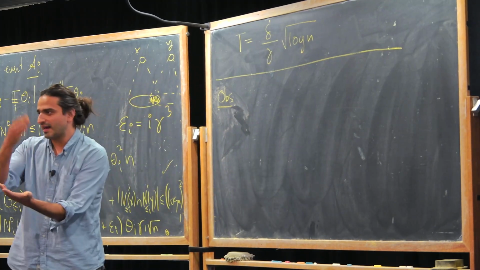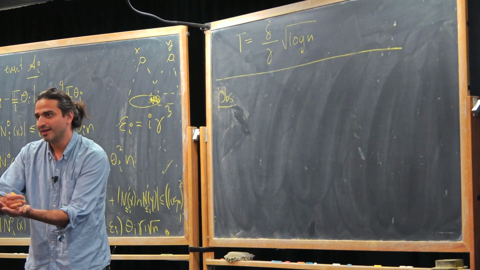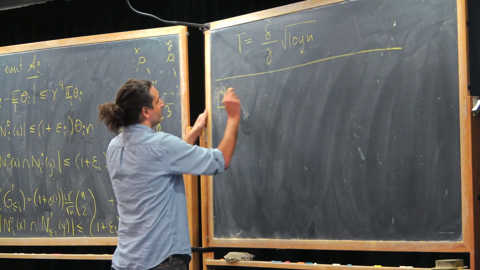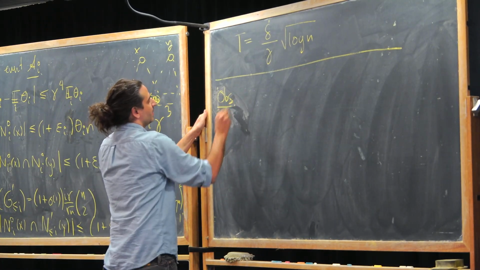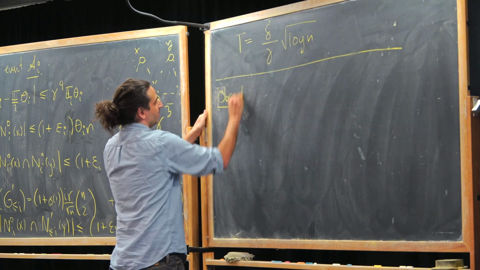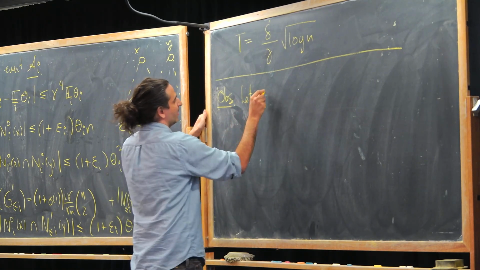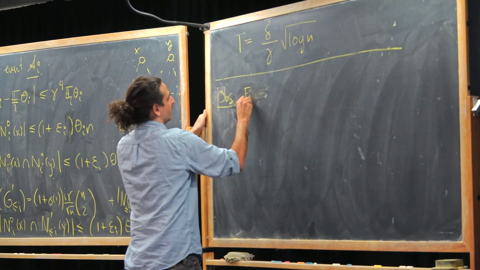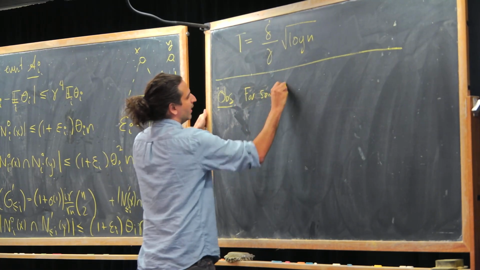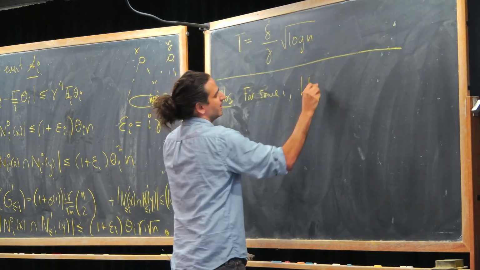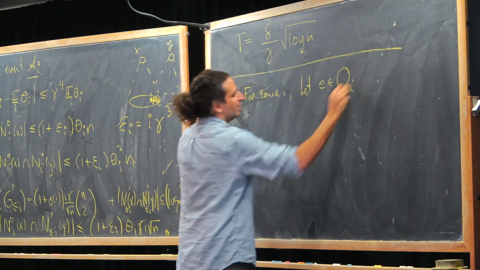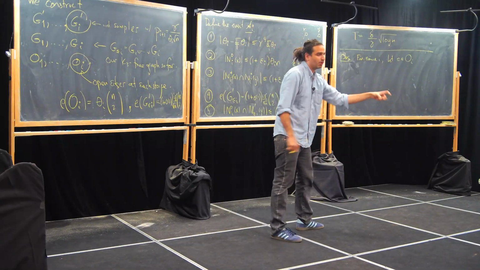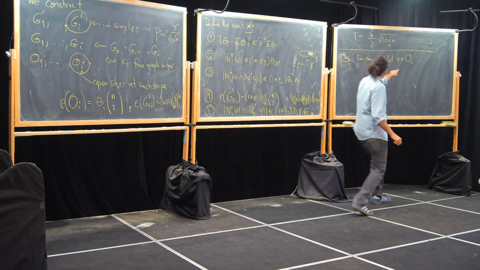So here I'm interested in my graph at step i, and I go to step i+1. For some i, let e be an open edge. So I've imagined I've fixed this graph, and I've fixed a set of open edges, and I've fixed some open edge in this collection of open edges.